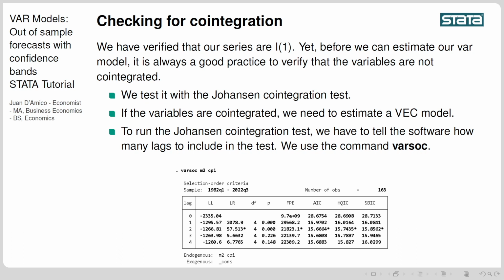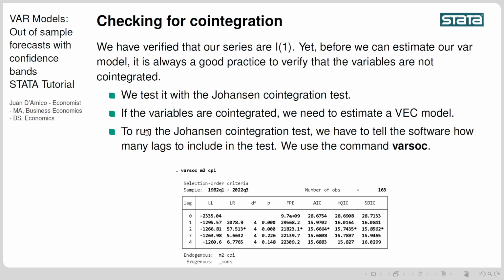We're going to test this with the Johansen Cointegration Test, because if the variables are cointegrated, we don't need to work with a VAR model, we would need to estimate a VEC model. In our example, we're going to see that the variables are not cointegrated, so we would be working with a VAR model. I'm going to show you still how to do this procedure.